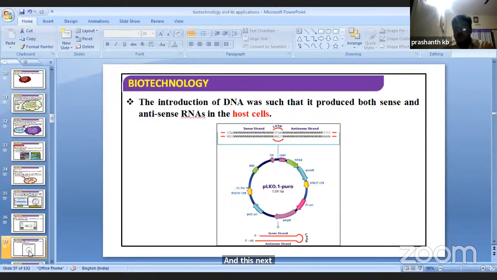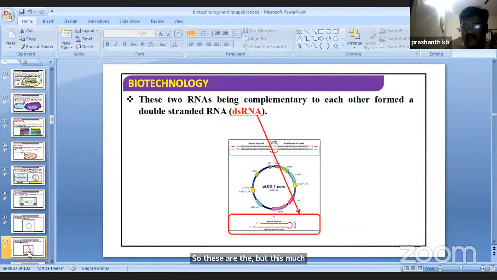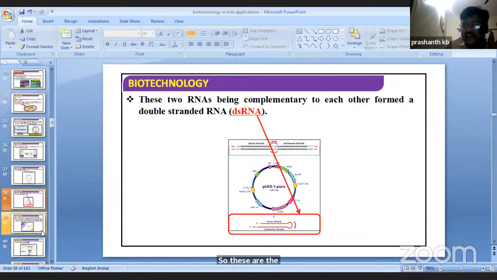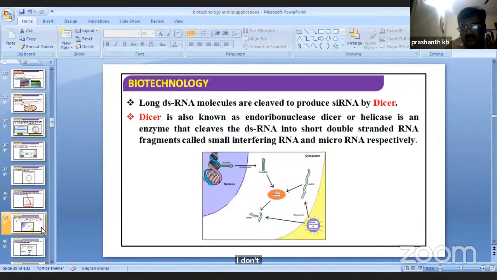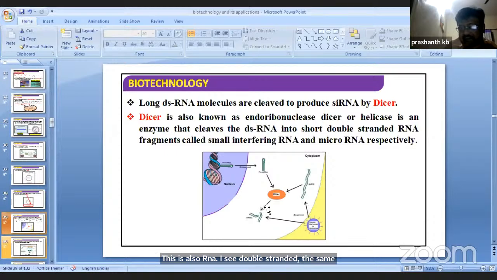Next slide we will go. Okay. So these are the vectors used, but this much level is not given in the NCERT text. Let us not take it. So double stranded, how it is making double stranded. Let us not take this one. This is also RNAi. See, double stranded DNA. Same as what I explained here. It is becoming a dicer, we call it.